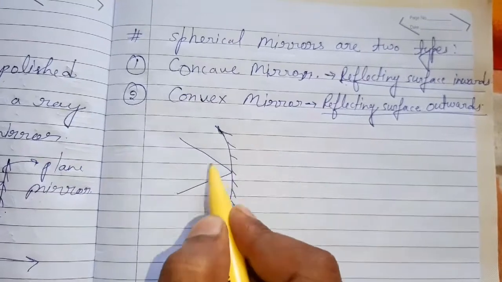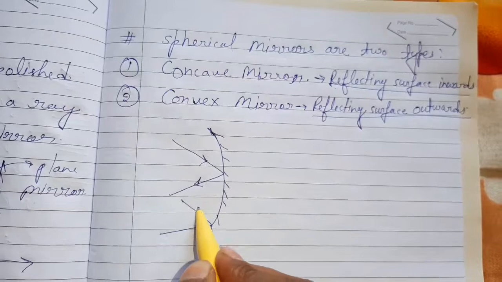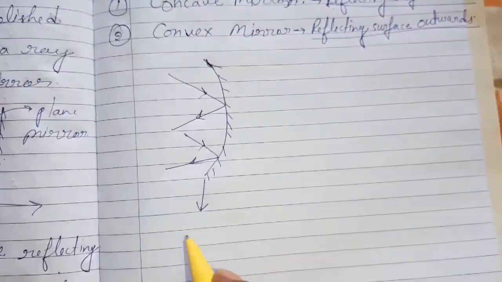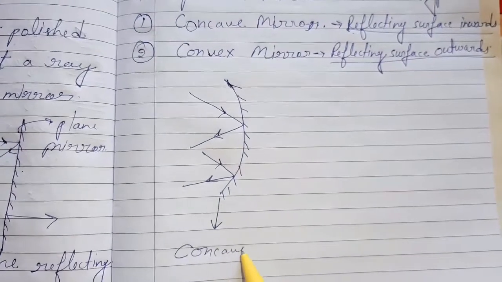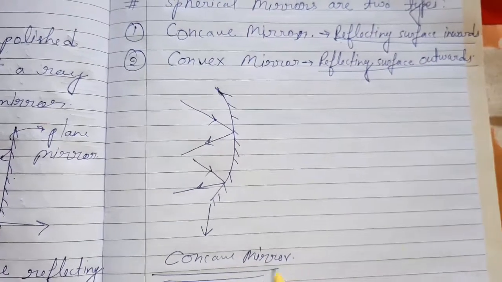This is the reflecting surface, like this, in this direction. So this is the example of a concave mirror.